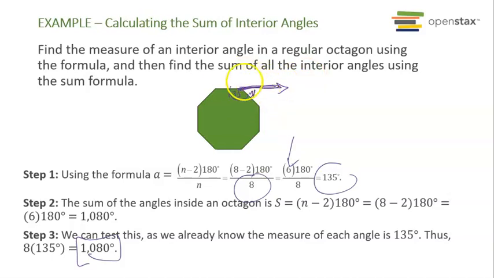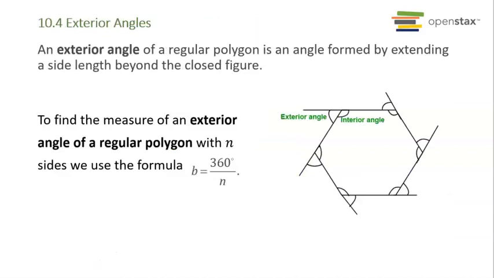This little pink piece plus the 135 has to add up to 180 because it's a straight angle. So then that's got to be 45 degrees on the outside there. That's that exterior angle. This one's a little bit shorter. You can just take 360 and divide by the number of sides, and you'll jump right to that exterior angle.